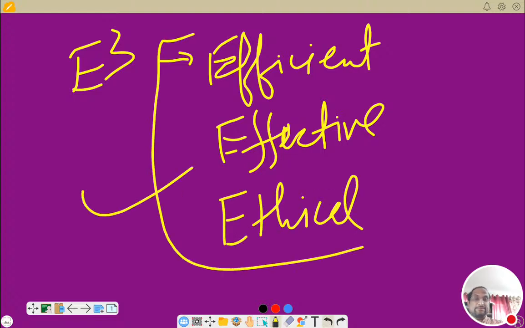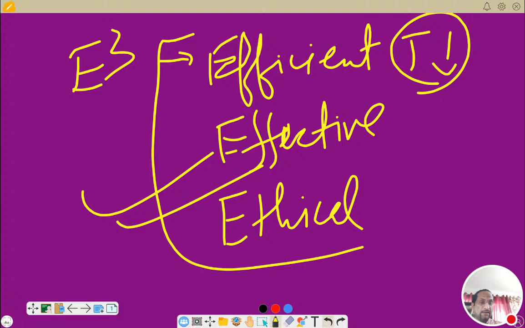The research must be efficient, effective, ethical. And to ensure that research is efficient, effective, ethical, you must ensure that time involvement is less, effective, outcome based. It should solve some problem.